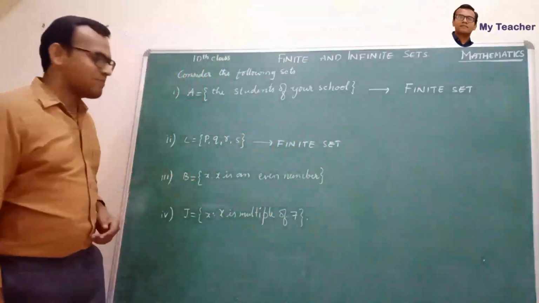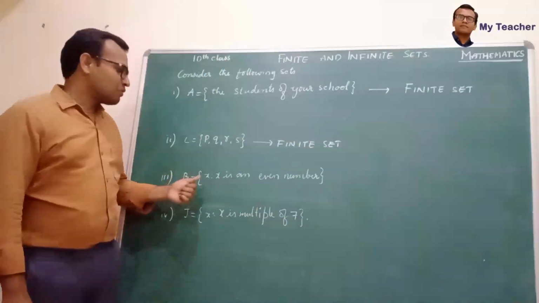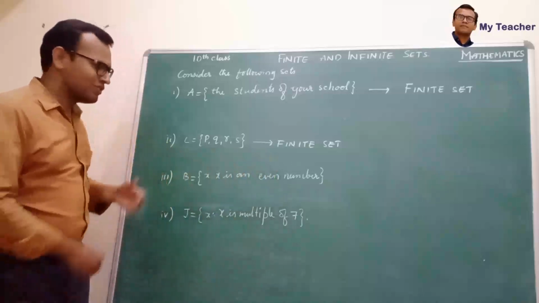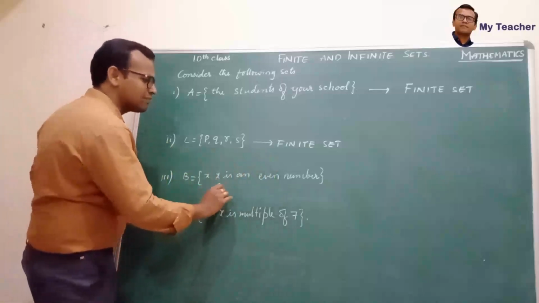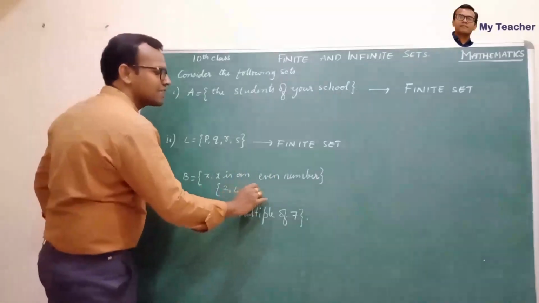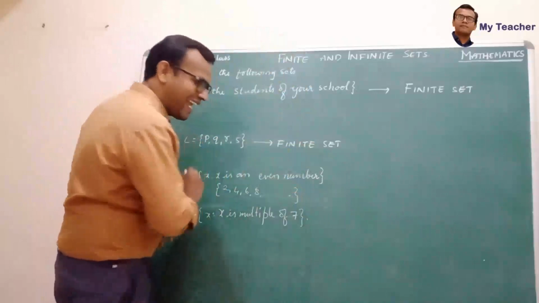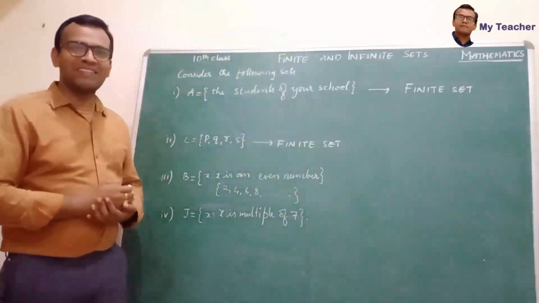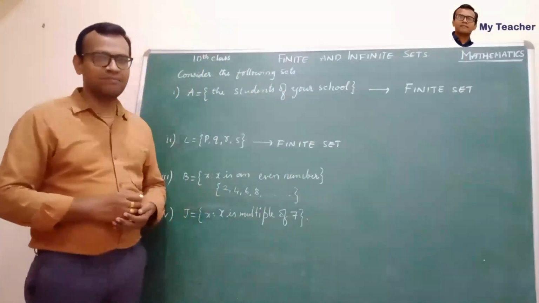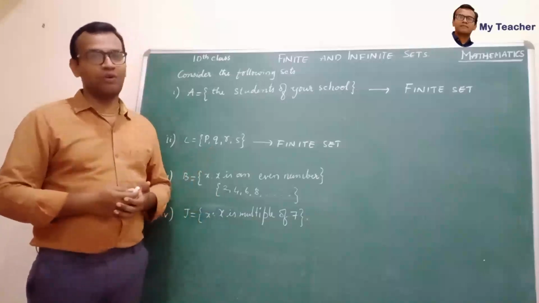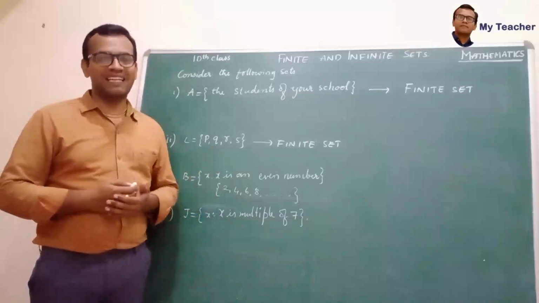Now let's see here. B is equal to the set of x such that x is an even number. Children, what are even numbers? 2, 4, 6, 8, 10, 12, and so on. Can you tell how many elements are there in this set? 4, 5, 10, 100, 1000? No, we cannot tell exactly.